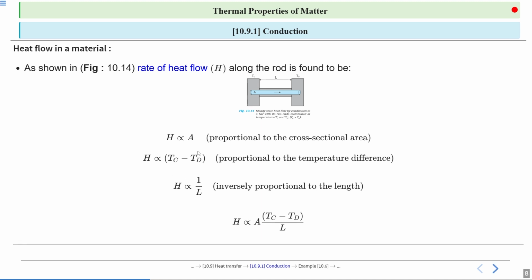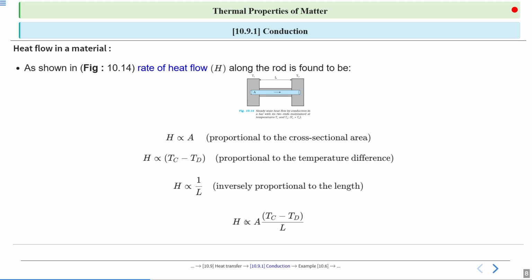So we can say there are three factors: first, area of cross section; second, temperature difference; and third, length of the rod, on which the rate of heat flow depends. From the first, second and third terms, we can say the rate of heat flow is directly proportional to A into Tc minus Td divided by L. So this is the important relation.